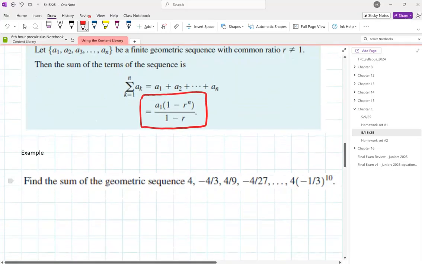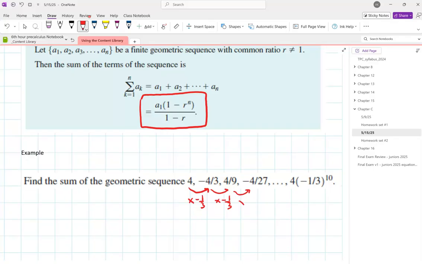If I look at the sequence, they tell me it's geometric. It looks like we're just multiplying by negative 1/3 each time, so there's my r. I'm told the first term is 4.